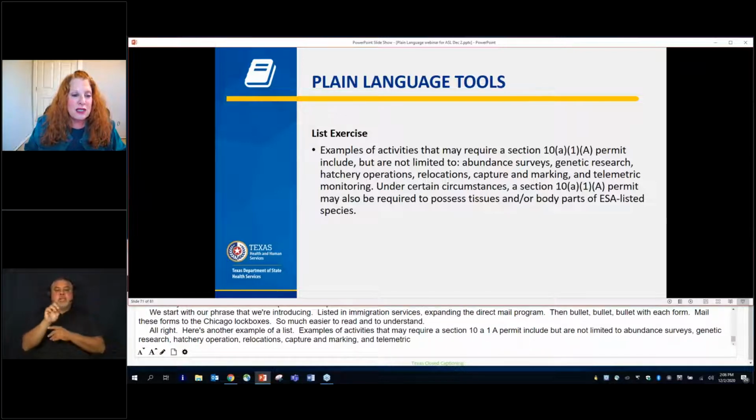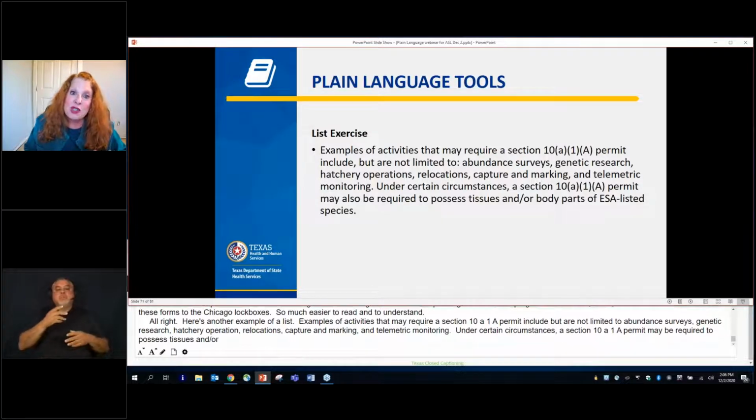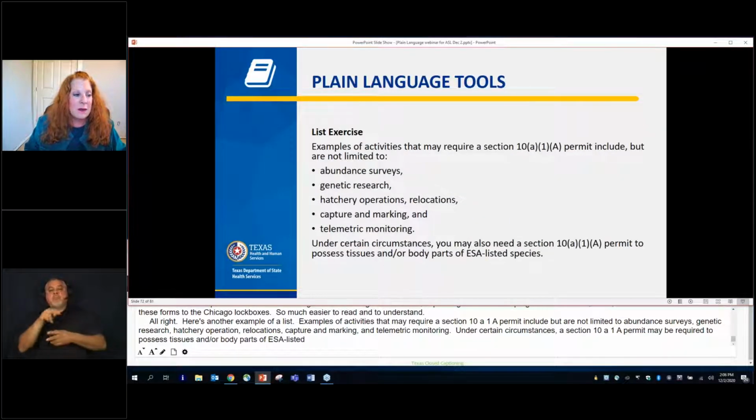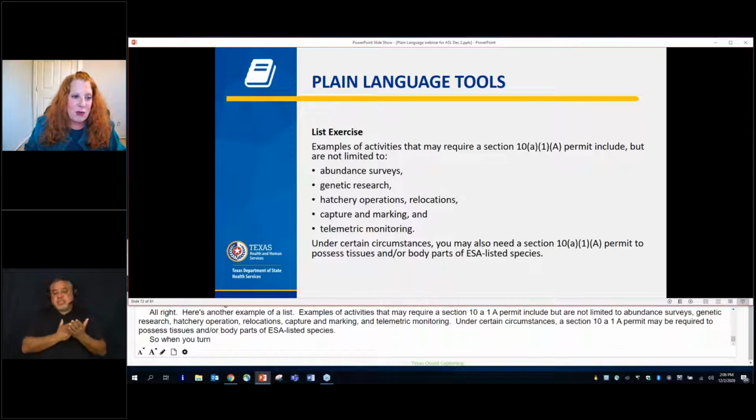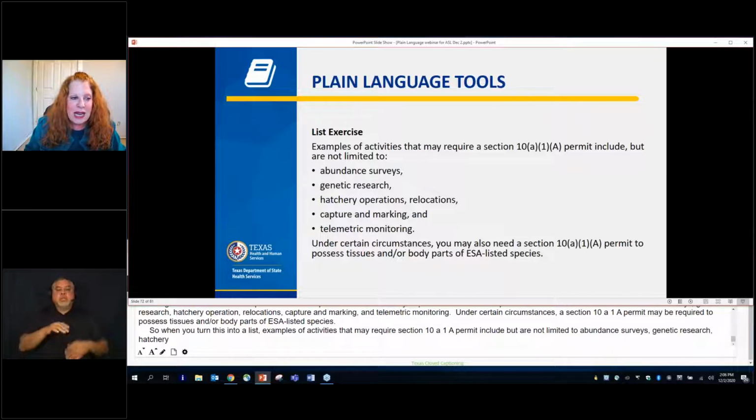Under certain circumstances, a 10(a)(1)(A) permit may also be required to possess body tissues and/or body parts of ESA-listed species. So when we turn this into a list, examples of activities that may require a Section 10(a)(1)(A) permit include, but are not limited to, abundance surveys, genetic research, hatchery operations and relocations, capture and marketing, and telemetric monitoring.